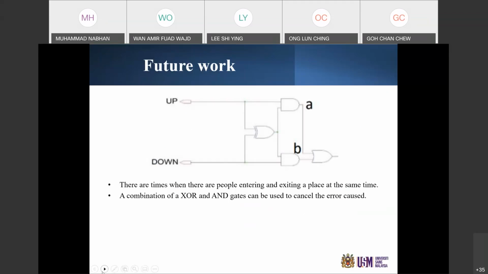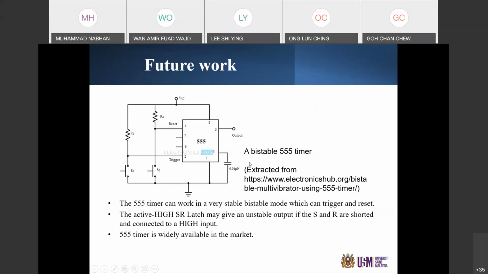Next, the future work we would like to implement is the 555 timer working in bistable mode. The 555 timer can work in a very stable bistable mode, which can be triggered and reset, as seen with S1 and S2. The active high SR latch may give an unstable output if S and R are shorted and connected to the high input.